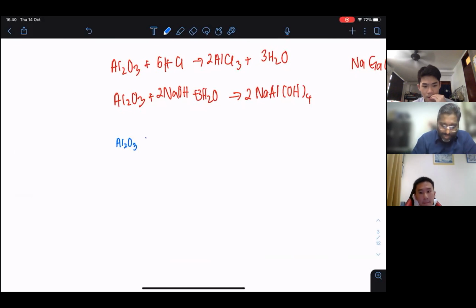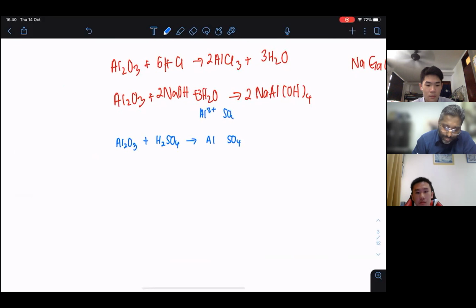Aluminium oxide, when it reacts with any acid, I'll write down the one we have in the textbook. In the textbook, they have written aluminium oxide can react with H2SO4 to give you aluminium sulfate. Now, aluminium sulfate: Al3+, SO4 2-, this one times by 3, this one times by 2. So Al2(SO4)3.